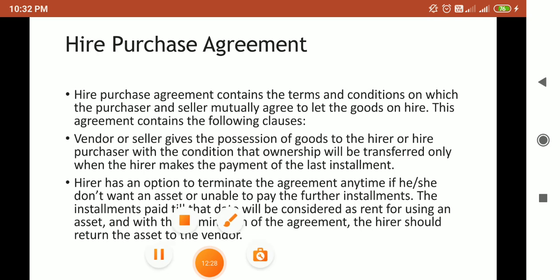So this is the simple thing to remember, and the main difference between hire purchase and installment is that under installment the ownership is transferred immediately after signing the agreement, but under hire purchase it is transferred on payment of the last installment. So these are the things we should remember.